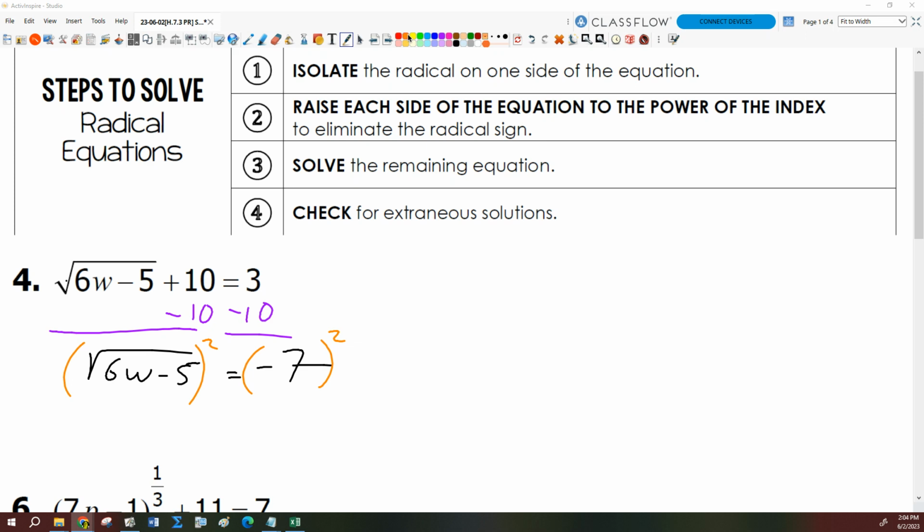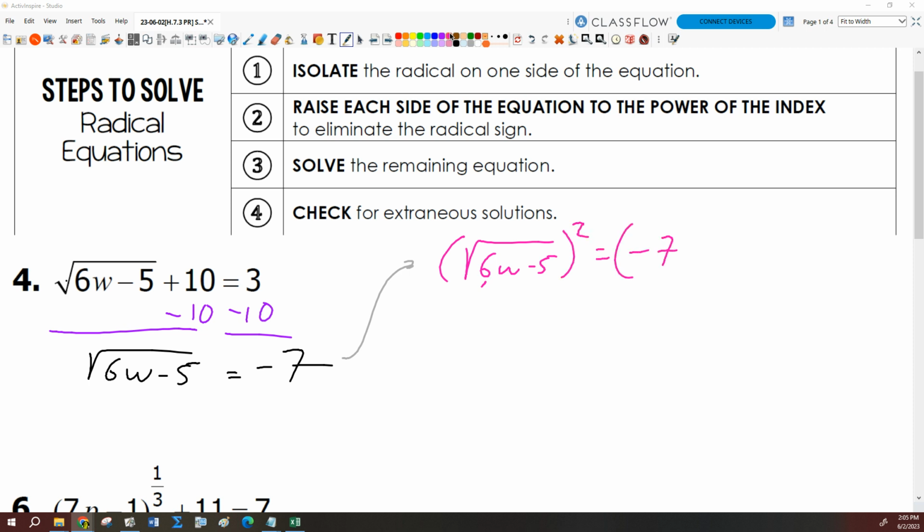Okay, so you know what I'm going to do here? Let's go up here and continue. So then we're going to square both sides. And if I square a square root, what's it do?